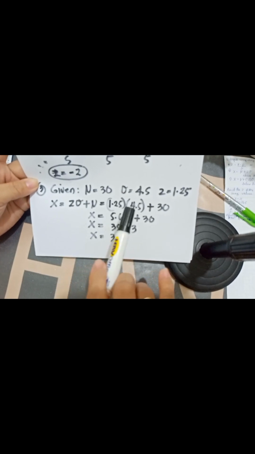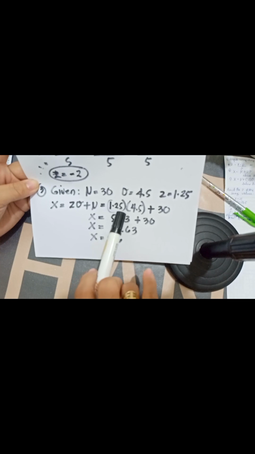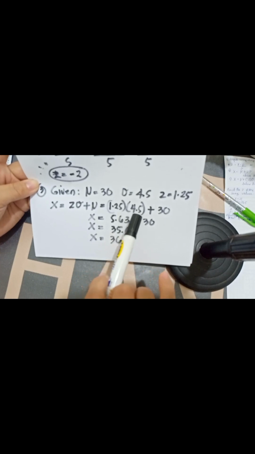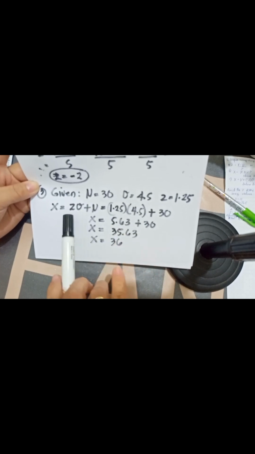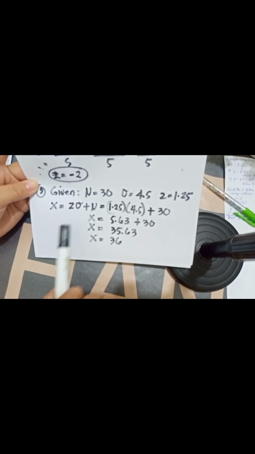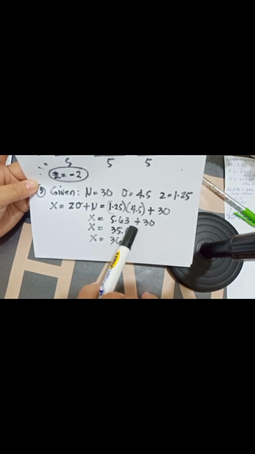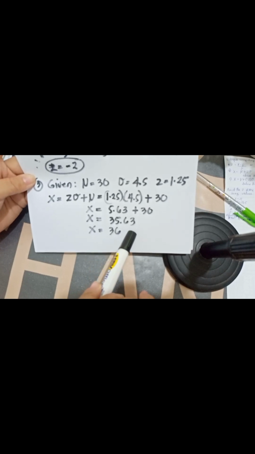Then, following the MDAS, we are going to multiply 1.25 by 4.5. These are the values of your z-score and the standard deviation. The result is 5.63, then plus 30. Then simply add the two. The result is 35.63.